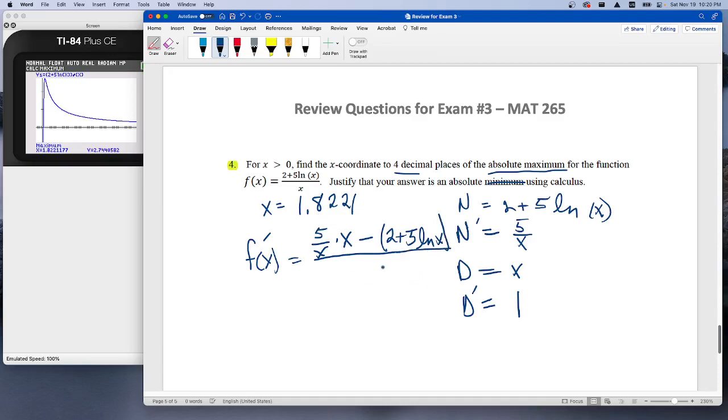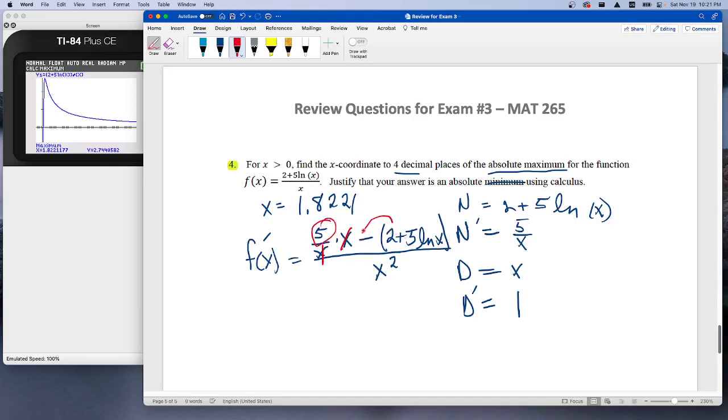The denominator simply becomes the denominator squared. So in the first term, the x's cancel. x divided by x is 1. So we're just left with the 5.